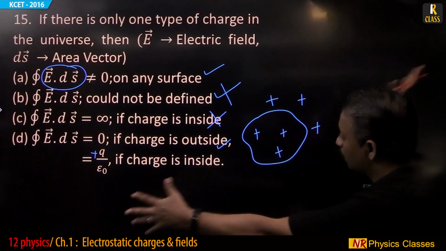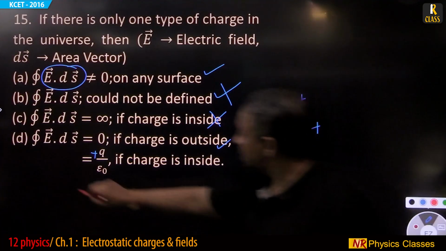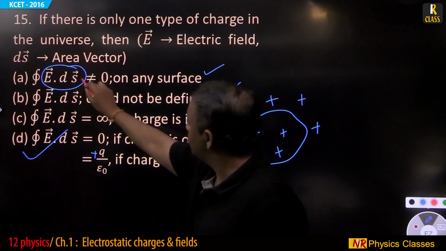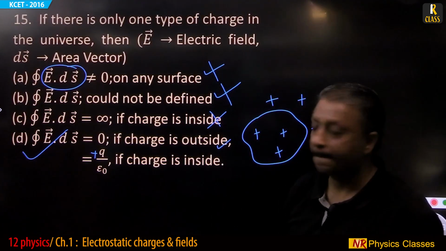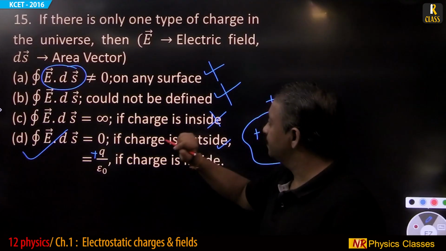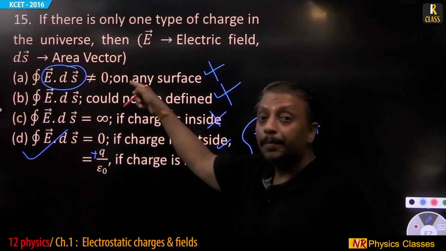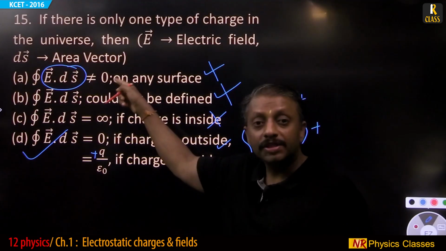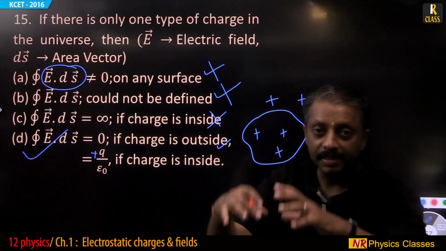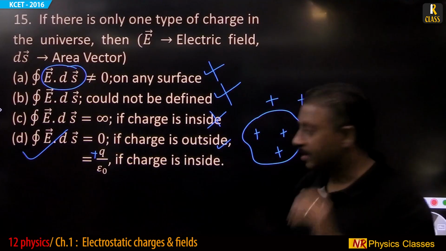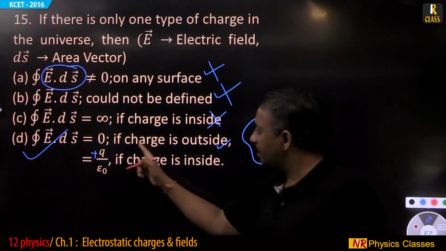Positive charge means outward flux. So this is more appropriate than this. So please don't consider. And what is wrong with this? On any surface, the position of charge is not mentioned. Is it on the surface or outside the surface or inside the surface? And that is pretty much clear in this. So that's why fourth option.